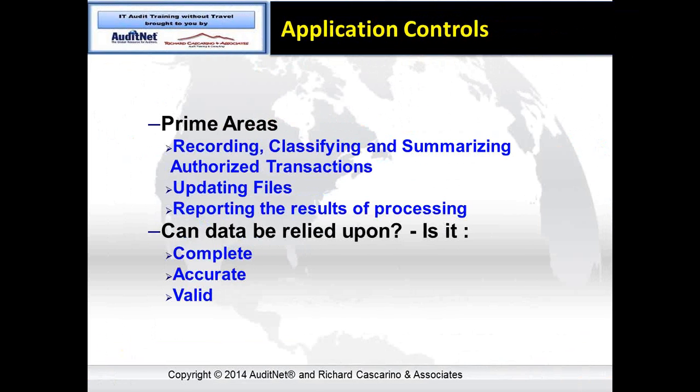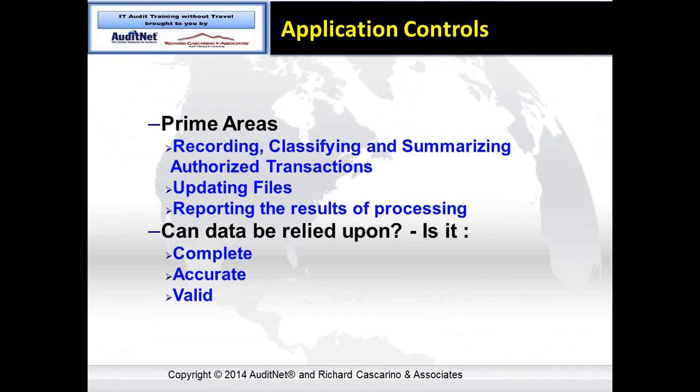Application controls we talked in terms of. Our primary control areas are the recording, classifying, and summarizing of authorized transactions. That's what we do in application systems. We take things in, we classify them, add them up, make sure that the transactions are supposed to be going in, we update files, and then we report on the results of processing.